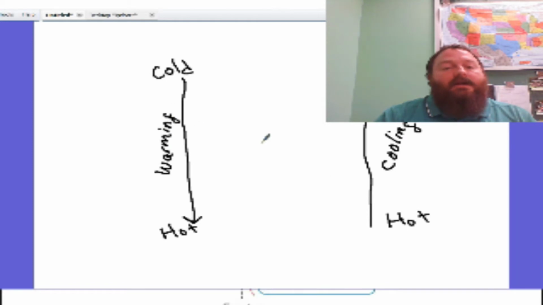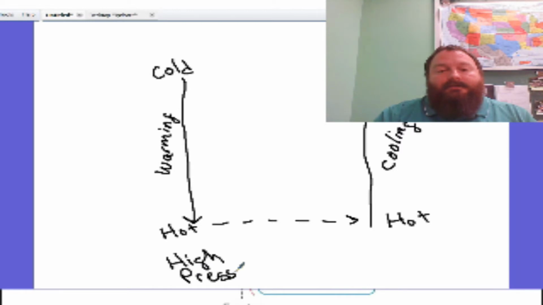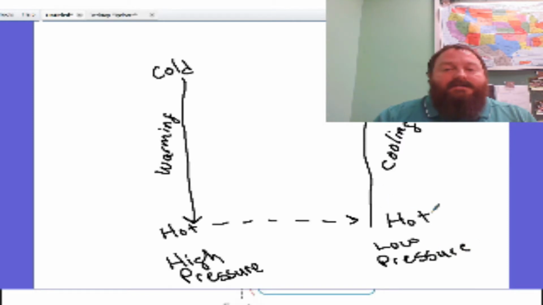Now, what's happening at the surface is we're also going to get a horizontal component to the convection. We're going to have the air going from one side to the other, and it's going to be from the area of high pressure to the area of low pressure. Now, the reason why the pressure differences are happening is because, as that air is rising, think about it like a bunch of papers or a bunch of books or whatever stacked up on top of something.